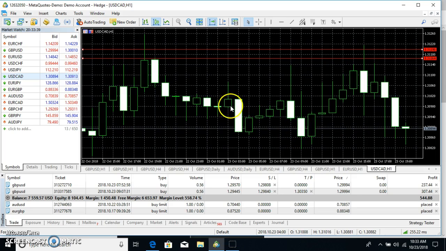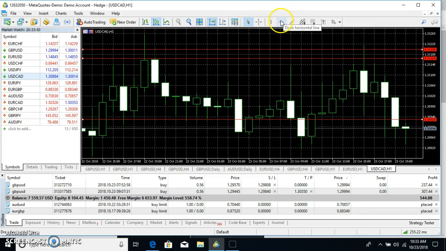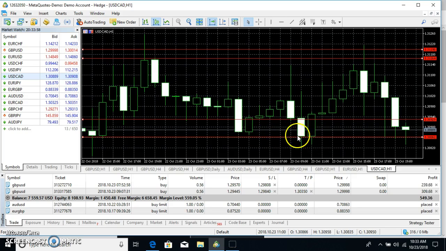right here is the real support. I'm looking at the hour chart now because this is my entry chart. That's why I'm looking at it. There's the real support right here. This is where the body closed.